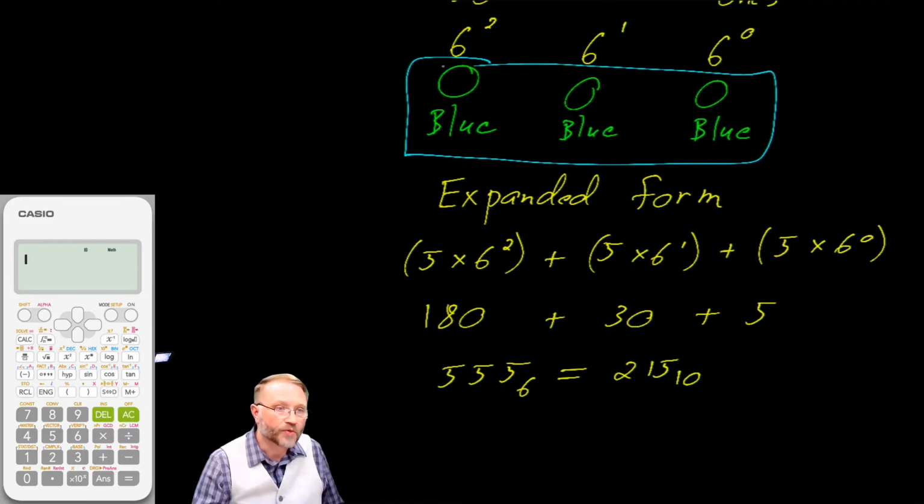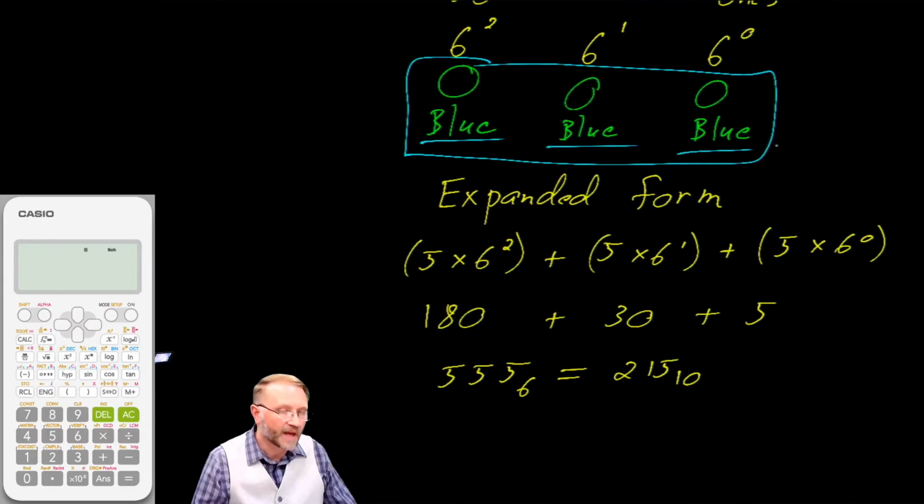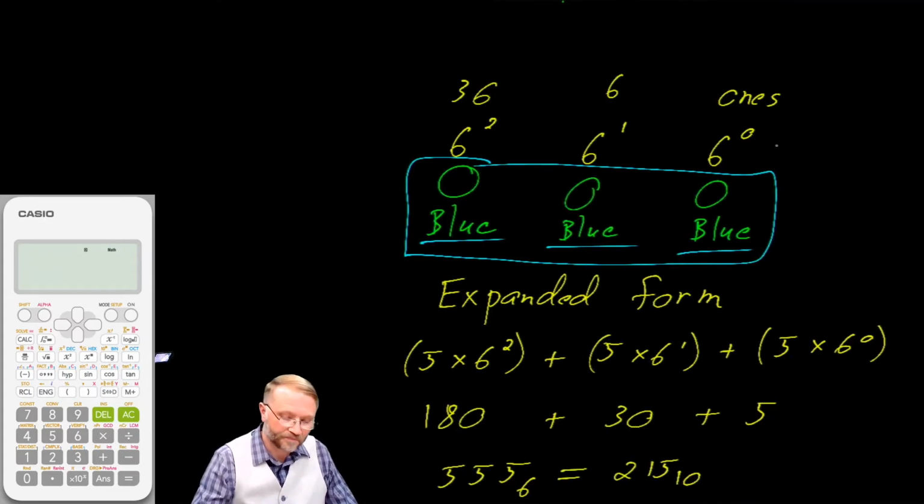Just to recap, we started out here. There were 3 columns. Each column contained a particular symbol, in this case blue, and associated with each column was a particular place. The column on the right is the ones place, then the 6s, and then the 36s.